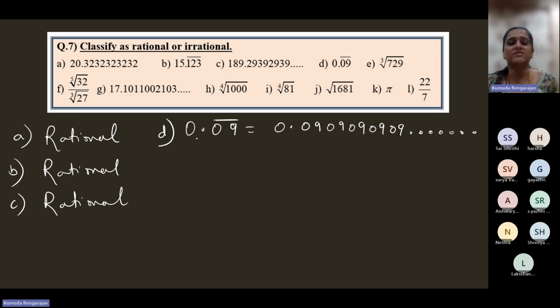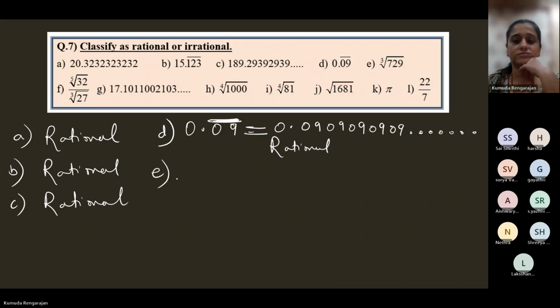This is what is written as 0.09 recurring. A bar on top of 09 is nothing but 0.09090909 happening endlessly. So this one is a non-terminating but repeating decimal. So, rational or irrational? Rational.